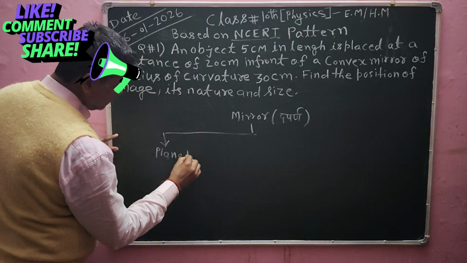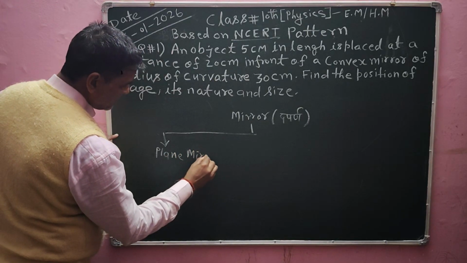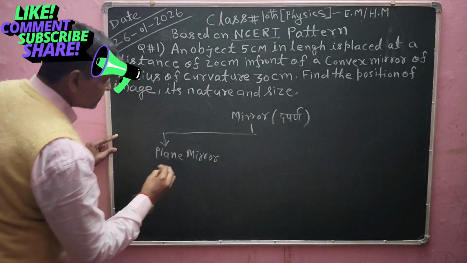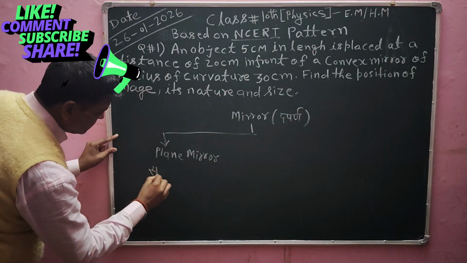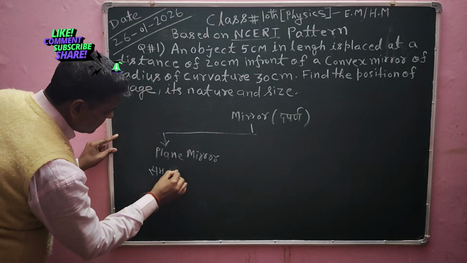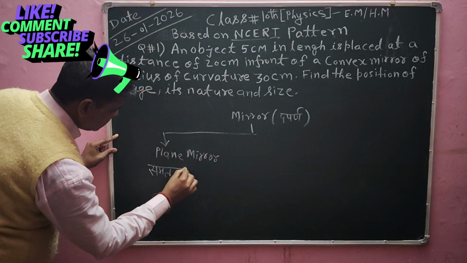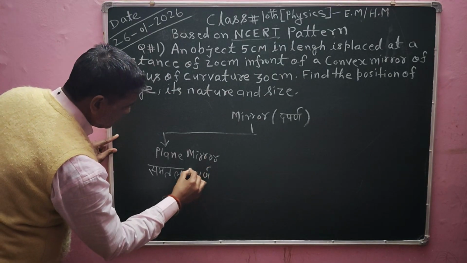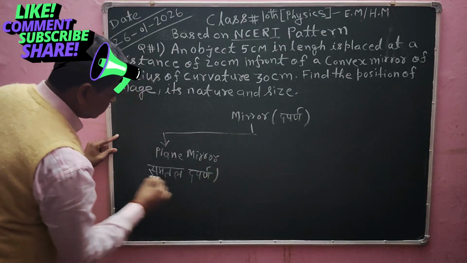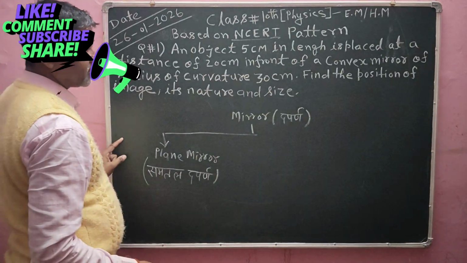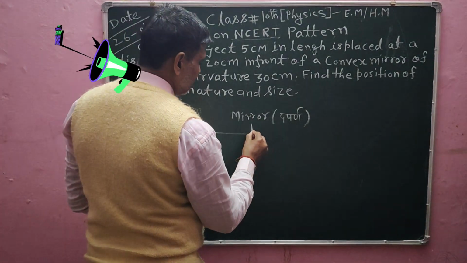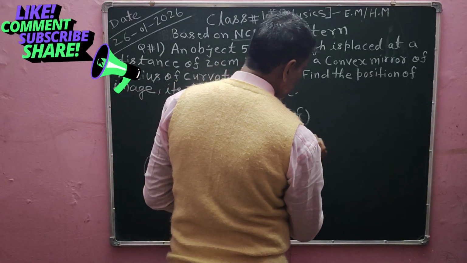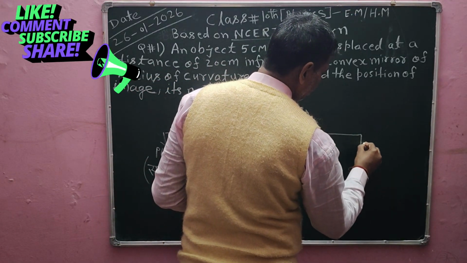It is also called samtal darpan. So I have written here plane mirror, that is samtal darpan. Its application I will also describe to you so you can have a clear concept of it.